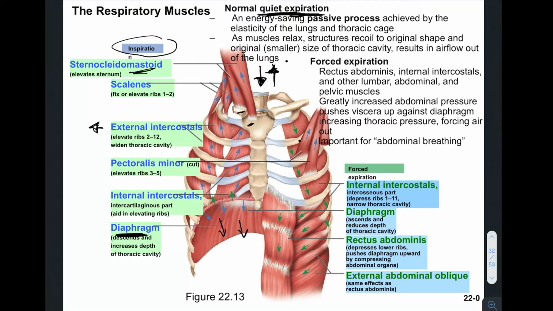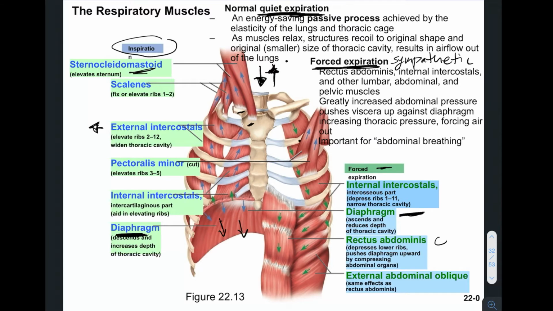However, sometimes you have a fight or flight response. A sympathetic response requires more forceful breathing, and we call that forced expiration. In this case, you're going to activate many more muscles, and those muscles will be working more powerfully. In order to push that air out faster, your diaphragm will start activating to go back up to force the air out.